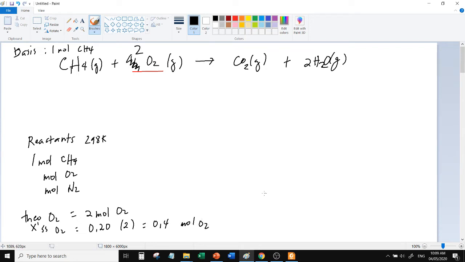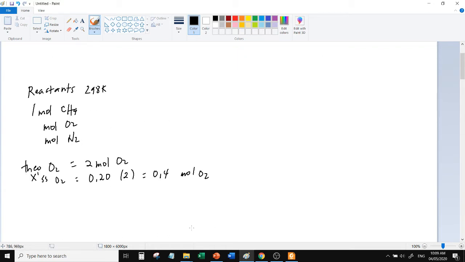The actual O2 that entered is just the sum of the required O2 and the excess O2. So, that's 2.4 moles O2. How about the N2?